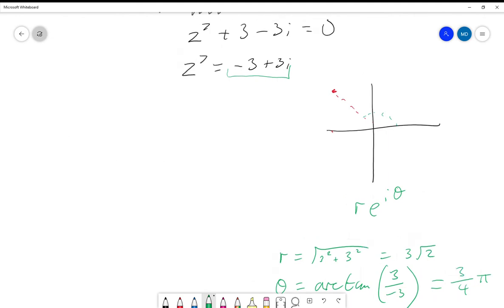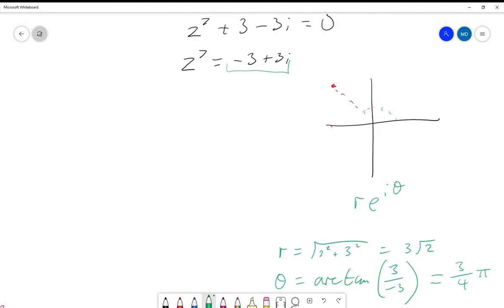correct solution. So we can write this equation now as z to the 7 equal to e, let's not forget the r, so 3 root 2, or perhaps we'll even write that as 18 to the power of a half, because that's ultimately what we get. 18 to the power of half multiplied by e to the i theta, so 3/4 pi i.